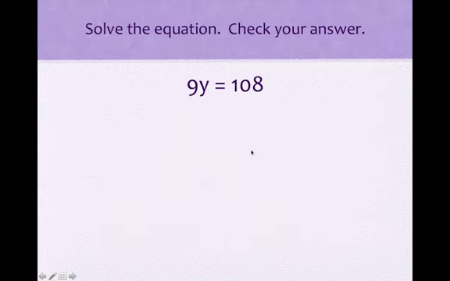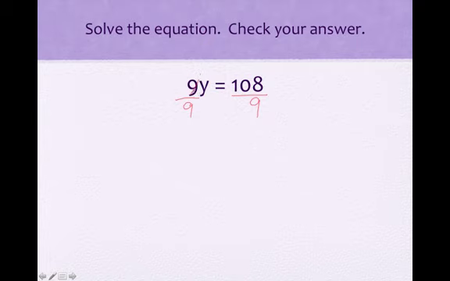Okay, this one is just a little bit different. Now we've got multiplication. We're multiplying that variable by the number 9. So we need to undo the multiplication by dividing. So we're going to divide each side by 9 and divide the other side by 9 to keep it in balance.